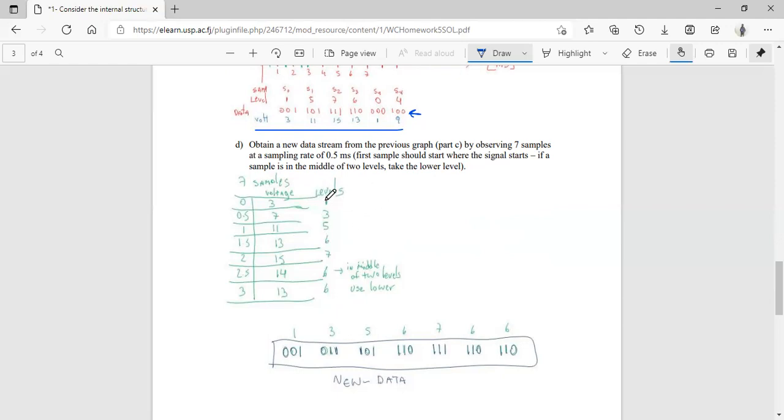If you write the number of levels over here and directly transform each decimal value into its binary representation of 3-bit long, we'll be getting 001. Representation of 3 is 011. 5 is 101. 6 is 110. And likewise for the other values, you'll get this particular data stream, which will be the new data stream from the graph. So this is the solution for this particular question.